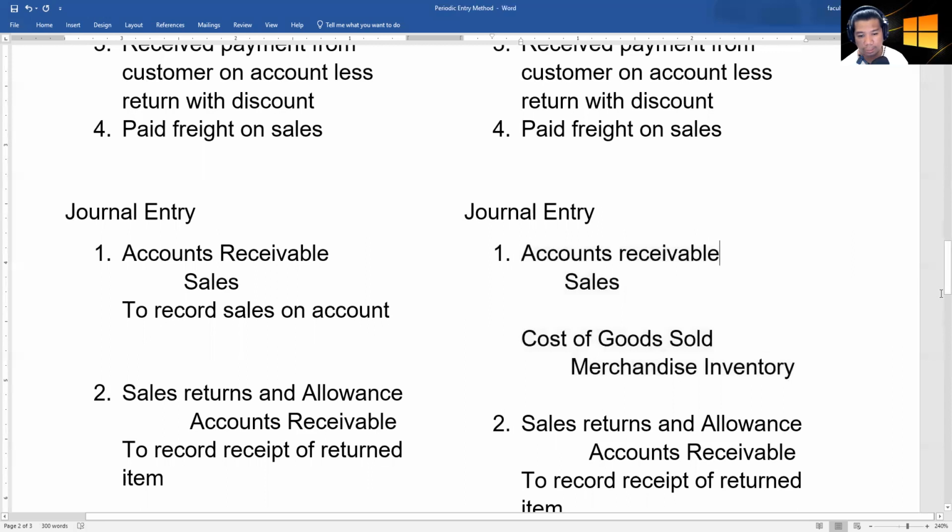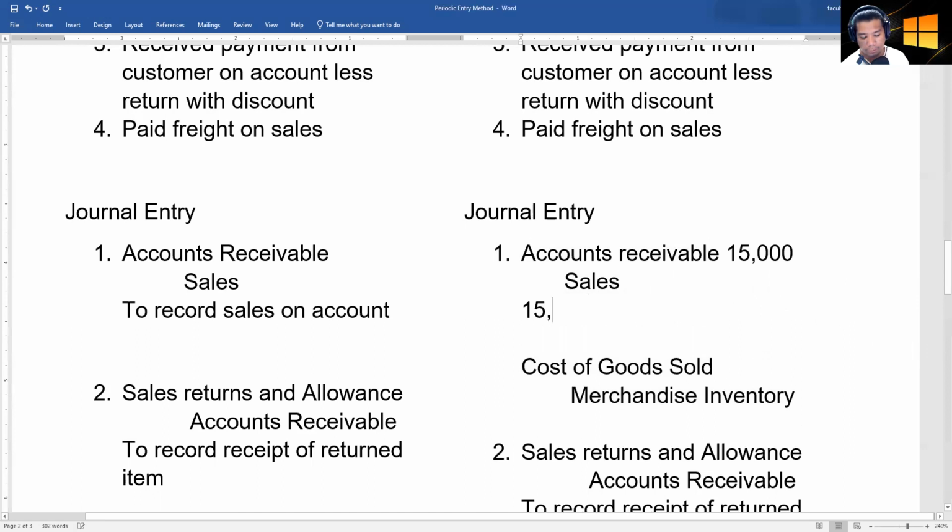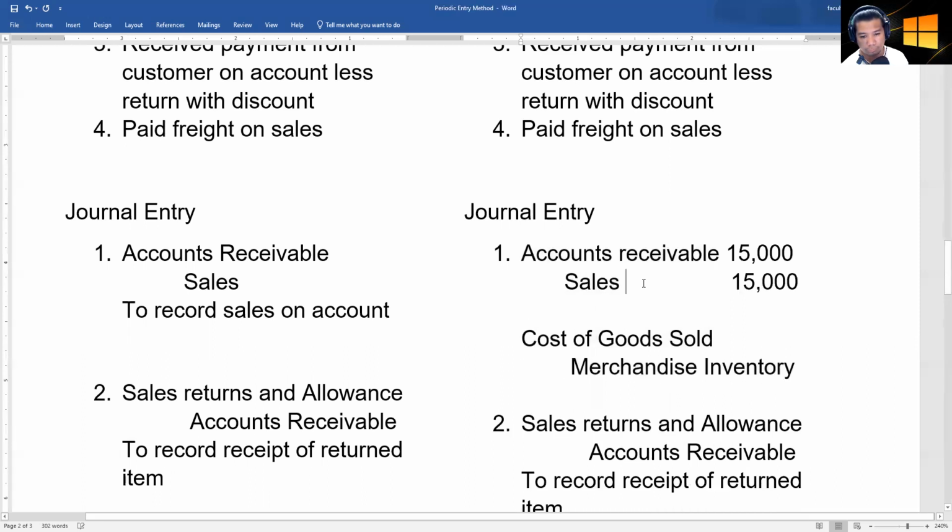Lagyan po natin ng entry yan. So assuming that the entry here is 15,000 pesos, and for sales, also 15,000 pesos. Always remember, nasa credit yan ha, baka malito kayo.